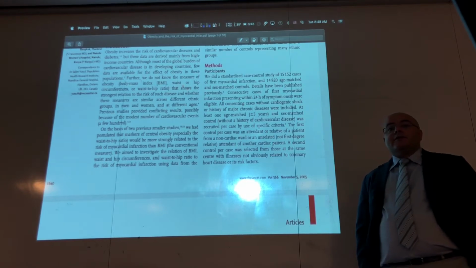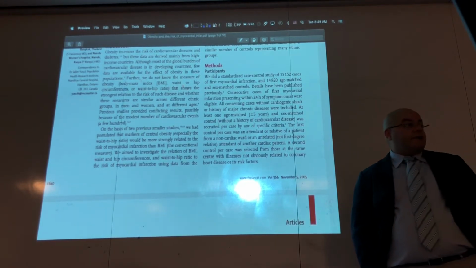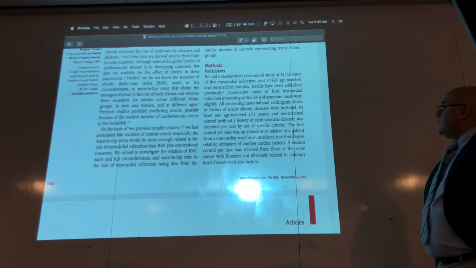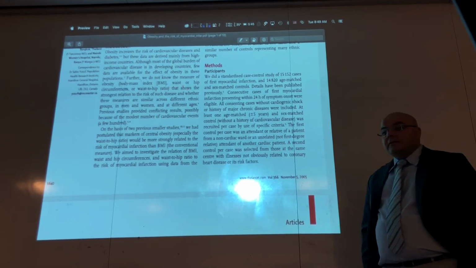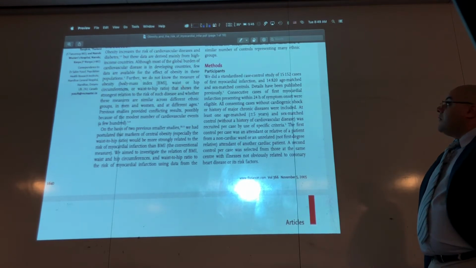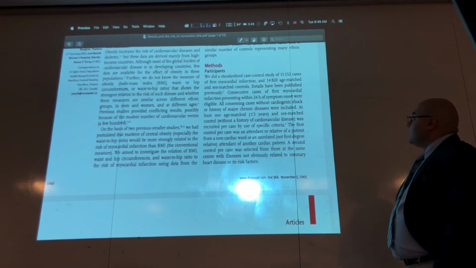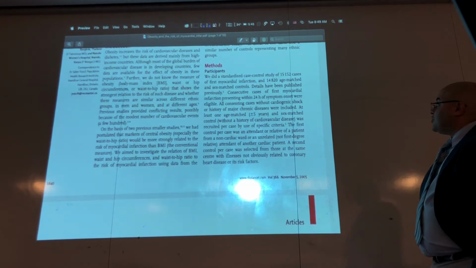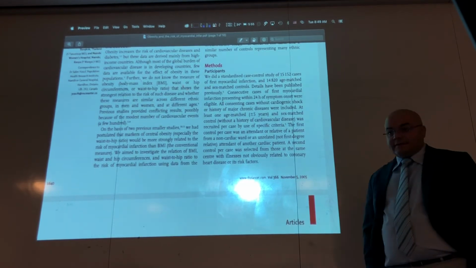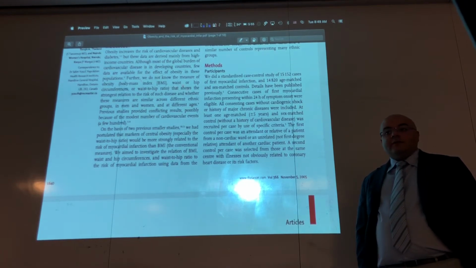So this is how you identify within the paper the definition of cases. Then how did they include them? See the statement after it: all consenting cases, meaning cases who agreed to join the study, without cardiogenic shock or history of major chronic diseases, are included.